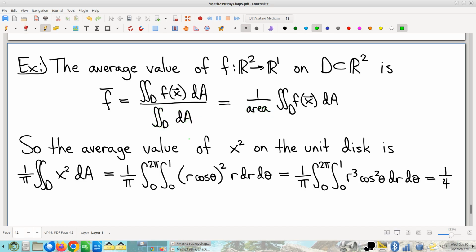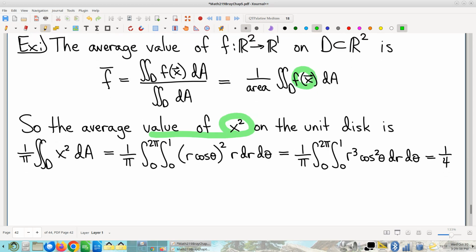So let's talk about an example of this. If I want to compute the average value of x squared, that is the function that I'm going to be averaging. So x squared goes there. I'm interested in what's happening on the unit disk. That's my domain, the thing whose area is this denominator.